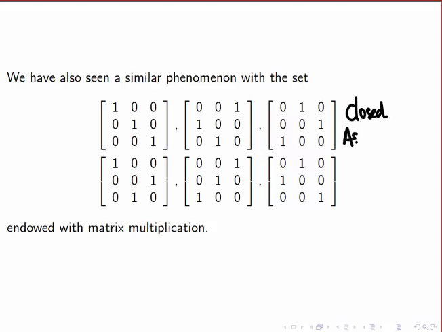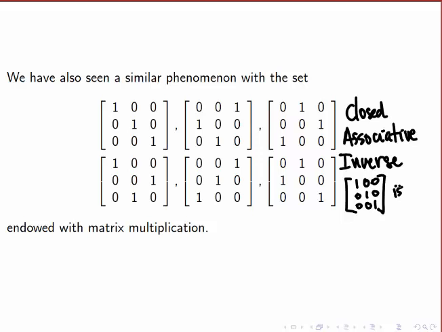Matrix multiplication is associative. Every element here has an inverse, and the identity matrix, which has 1 on the diagonal, is a neutral element. Now we will elevate this recurring phenomenon to a concept, and this process is called abstraction.